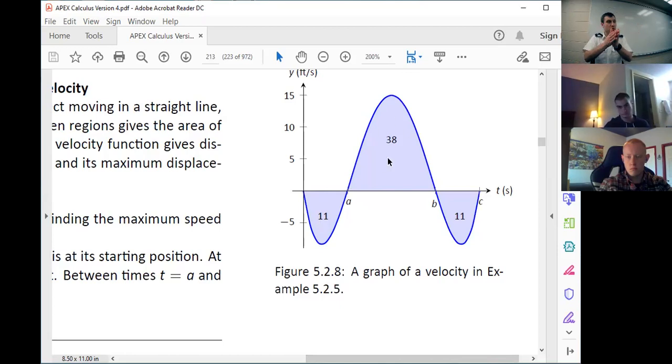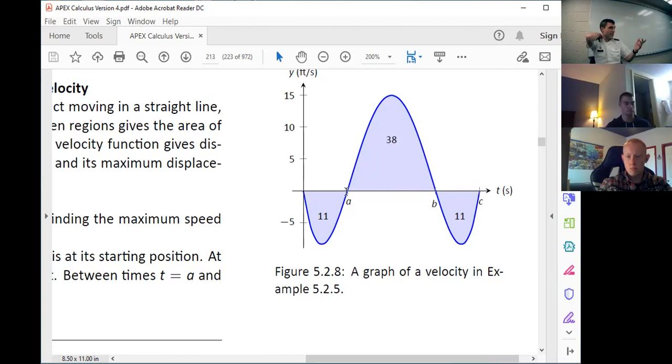In some sense, my displacement is maximized by the fact that I've gone back 11 units, and that's where the velocity is zero. And then I go forward 38. So now how far away am I from where I started? 27. Negative 11 plus 38 gives me a certain maximum. And then I back up another 11. Does that make sense to everybody, how that plays out?